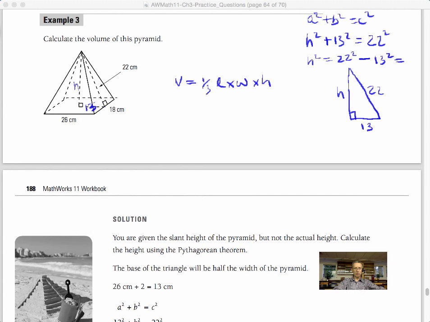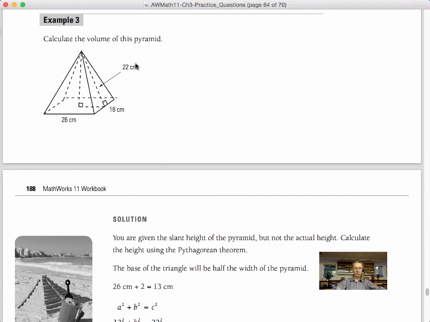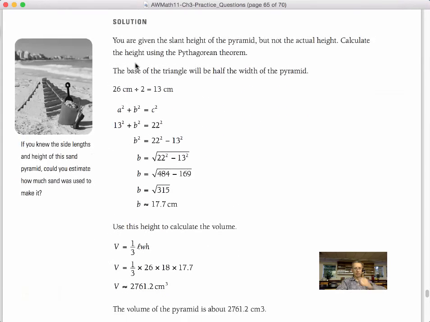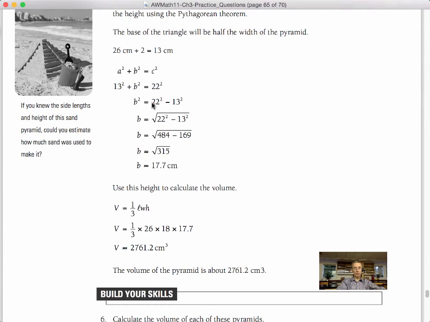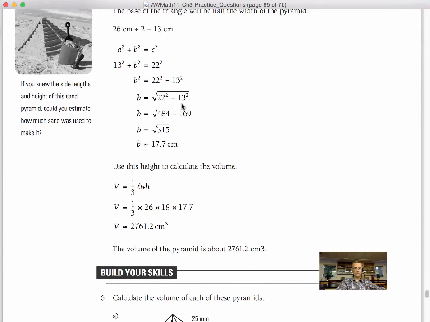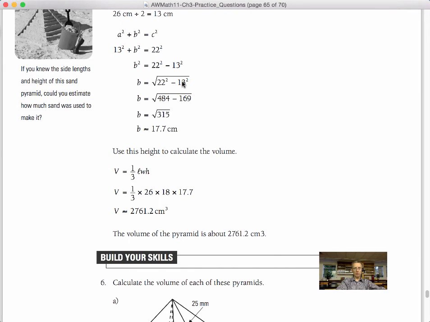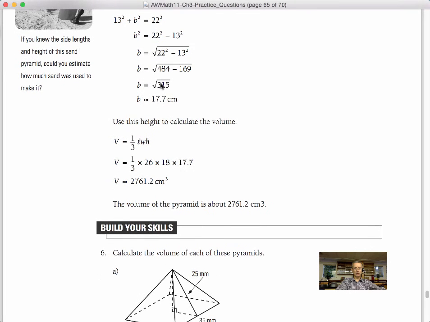So let's look at how they do it below. So here they've written it here. They brought the 13 squared to the other side. They work this all out in their calculator, no doubt. 22 squared is 484. 13 squared is 169, giving 315 when they subtract.